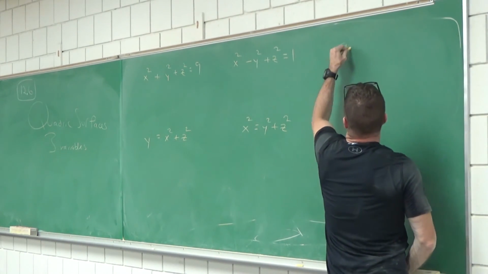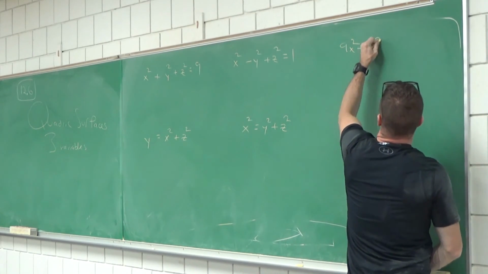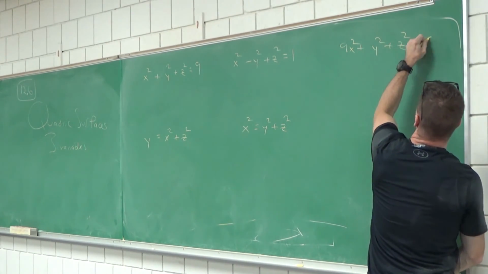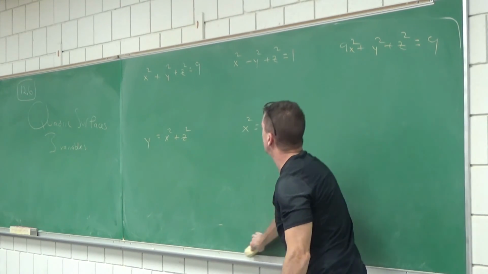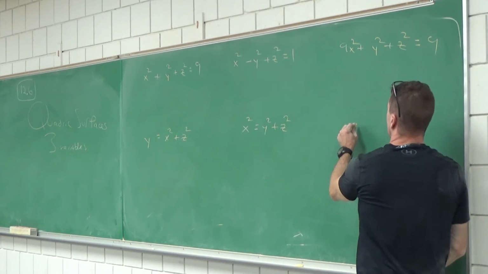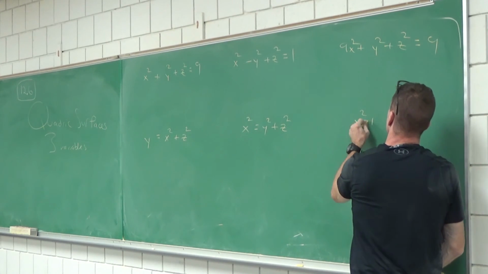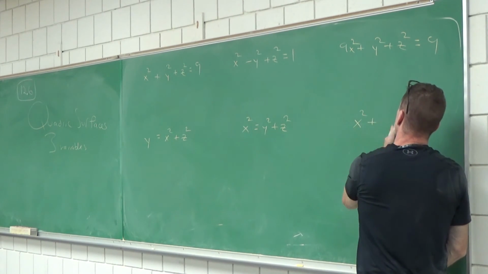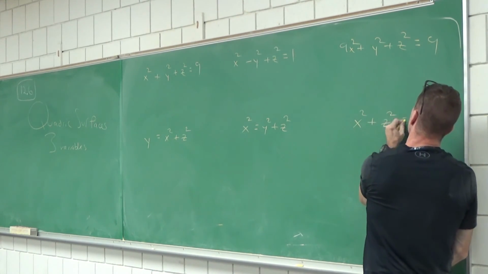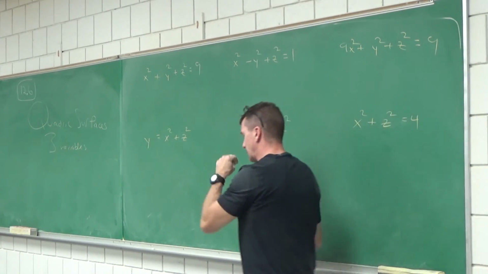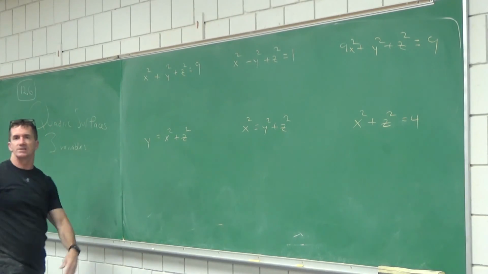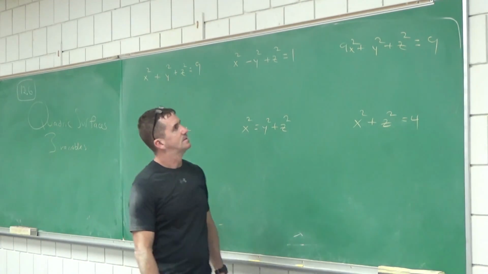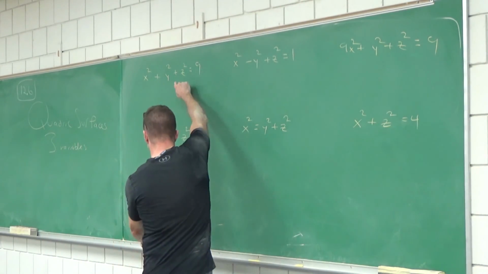How about 9x squared plus y squared plus z squared equals 9? I'll throw this guy in the mix. Okay, we'll wrap up fast with this. We can talk about it, and I can make a little sloppy sketch. We'll bolt out of here. Sound cool?